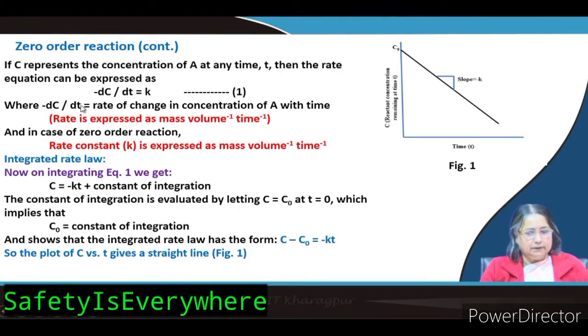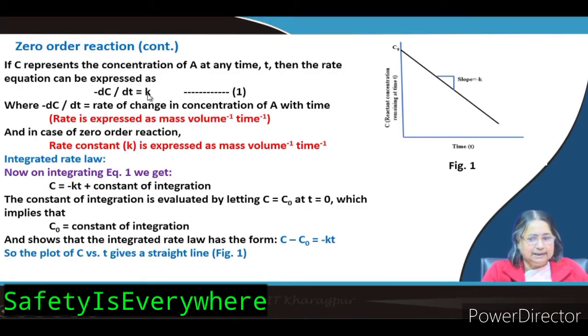Now, the rate of change of concentration of A with time, as I already told, is the rate. So, rate will always be expressed in terms of mass per volume per time, that I also told, and it is up to you what units you use for volume, for time and for mass.